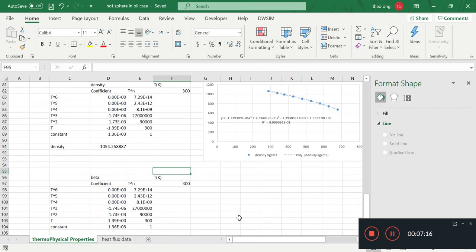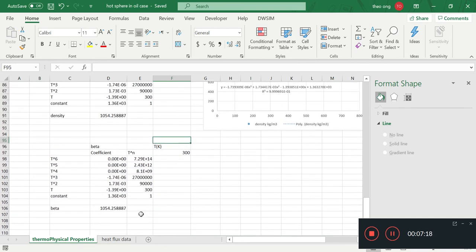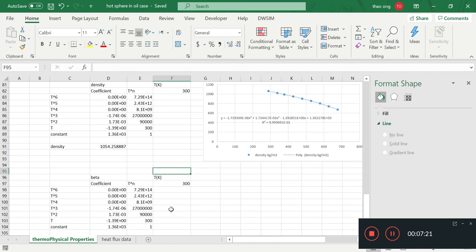Next thing is to do some differentiation. So the t cubed term, you have to times 3, right? Okay, never mind. I'll just delete or paste the zeros in all of them.